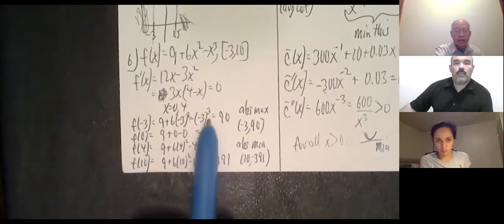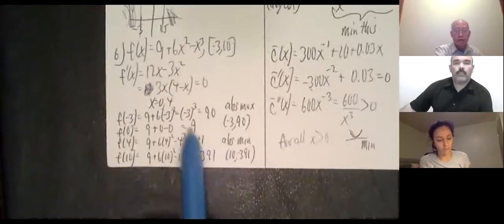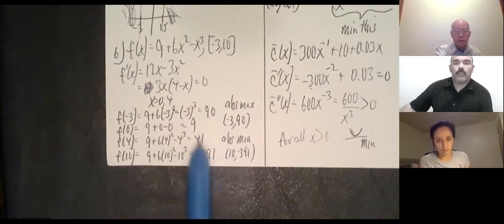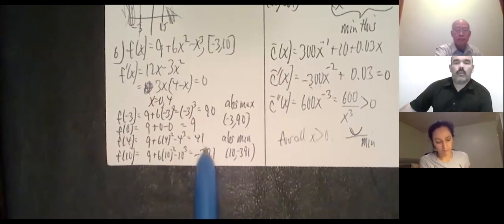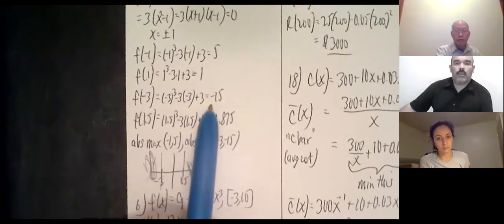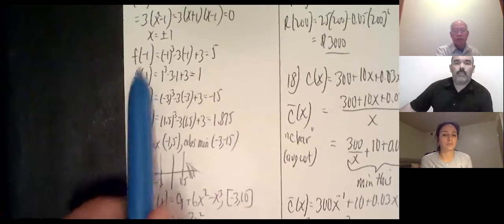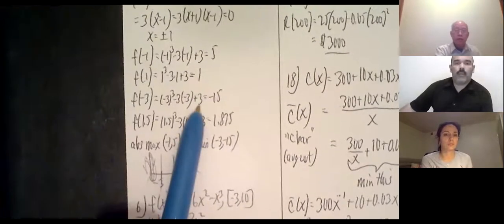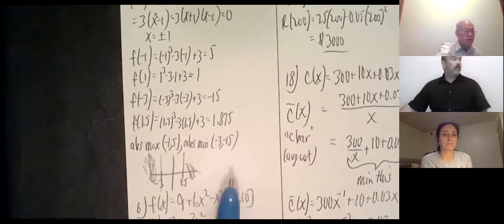You can't tell until you try them all. Try the endpoints, try the critical numbers, and then just look at your list. So that's the lowest, that's the highest. Yes, it happened to be the endpoints this time. Over here, this is the lowest, that's the highest. Turns out one of them was an endpoint, one of them wasn't, but that's allowed. Yep, that answered my question. Thank you. All right, you're welcome.